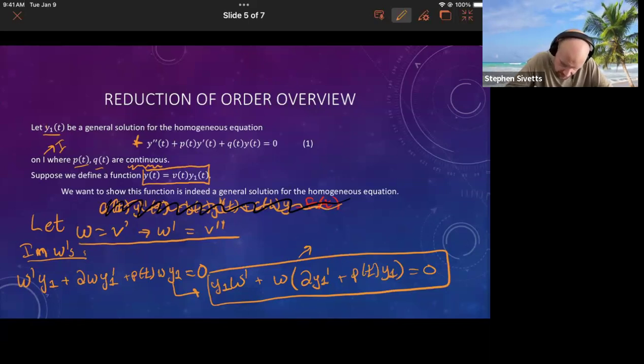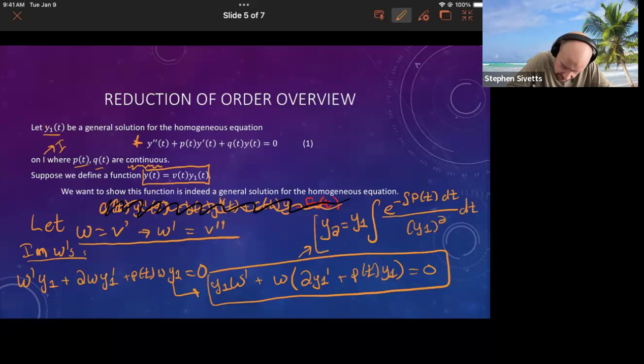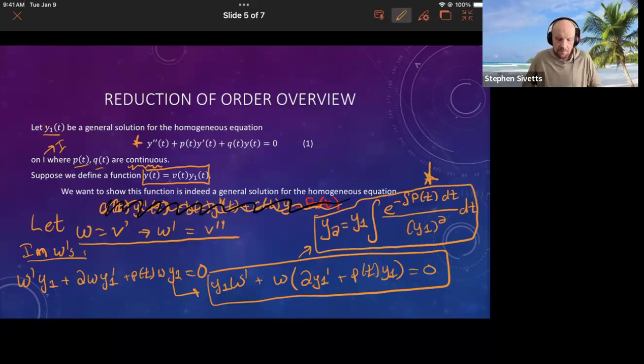So once we back substitute, we will get the second solution y2 as y1 times the integral of the integrating factor, in this case this is the integrating factor, over y1 squared dt. So this is the second solution we get by using this reduction of order method.